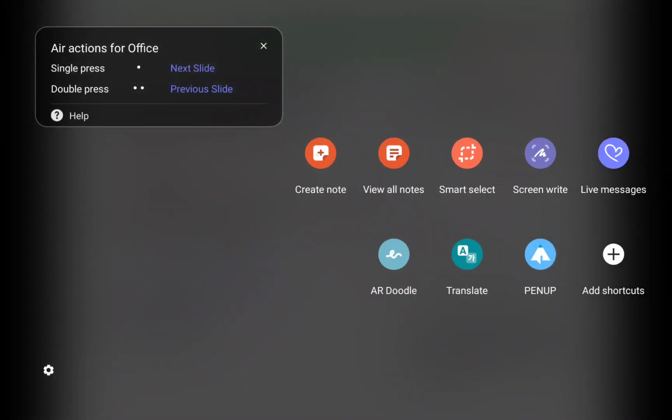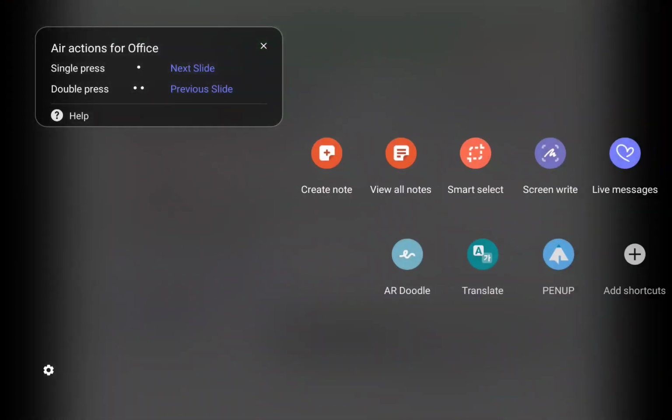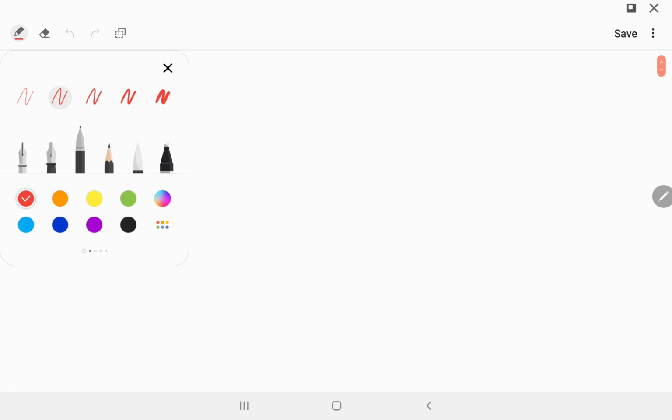As you may understand, if the pressure and temperature are constant, usually the amount of gas that you have is proportional to the volume of gas.